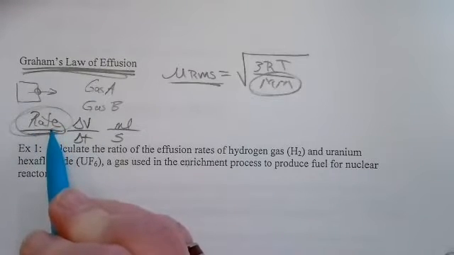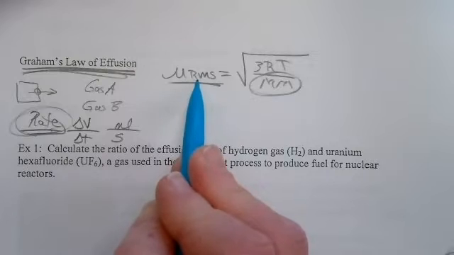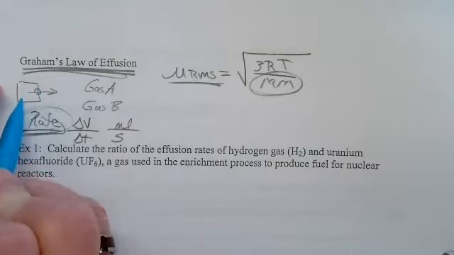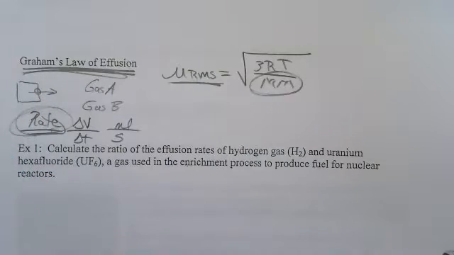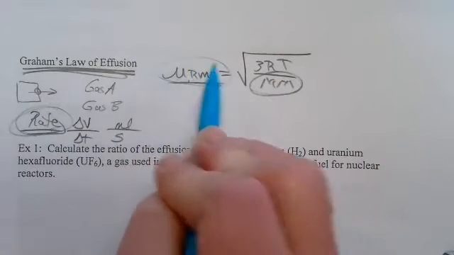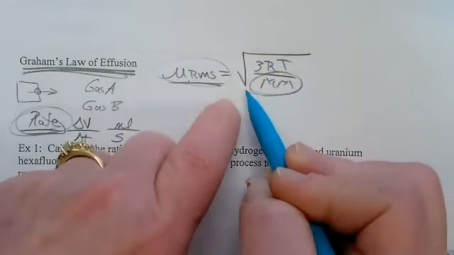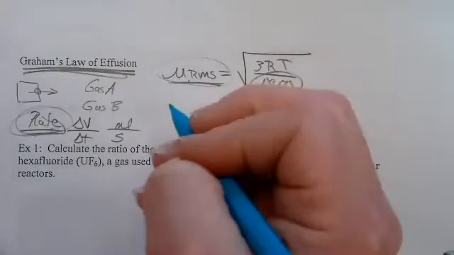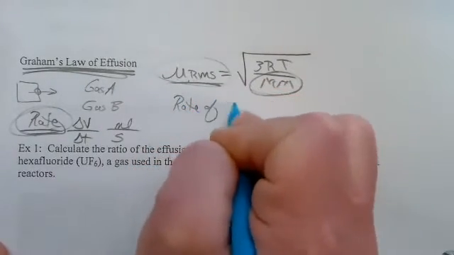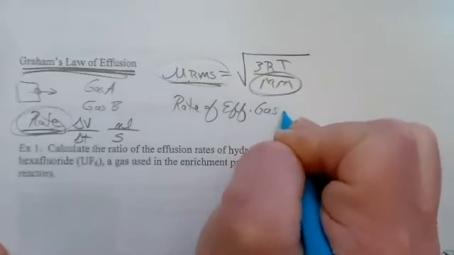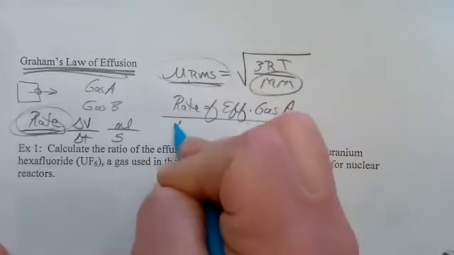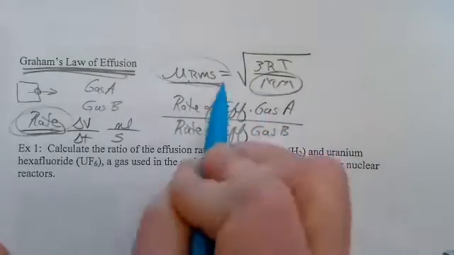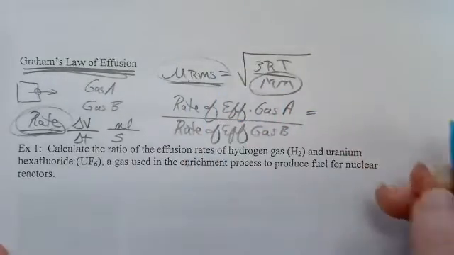Now, the rate is definitely dictated by the speed, because the faster it's going, the more often that gas will find the hole. Okay, remember that speed is inversely related to the square root of the molar mass. So if we are comparing the rate of effusion of gas A to the rate of effusion of gas B, remember the relationship with speed and molar mass.